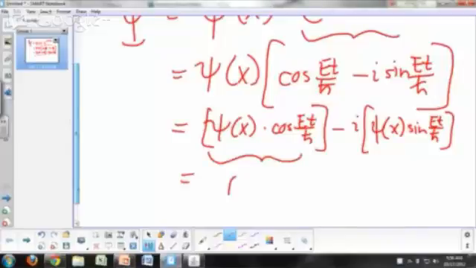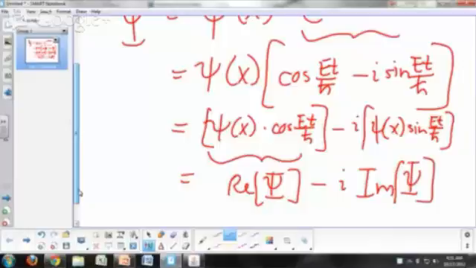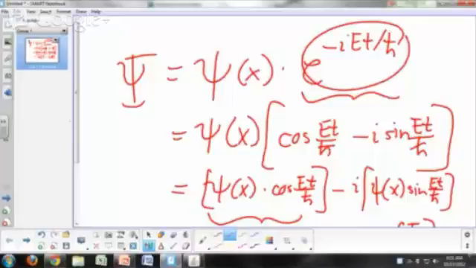So what you're seeing in your simulation is this part, the real part of big psi, minus i times the imaginary part of big psi. And because of this form, when you take the probability density function, you do psi star times psi.